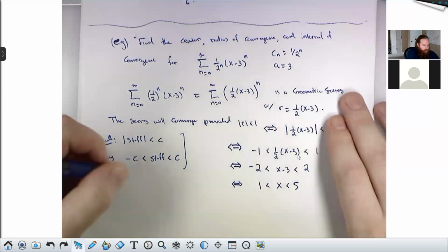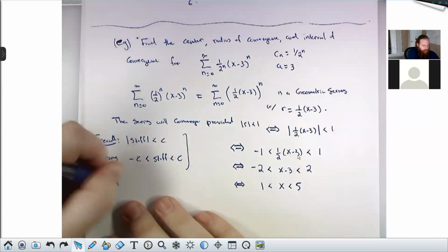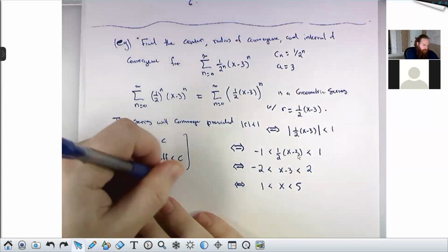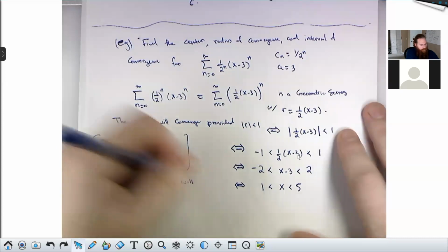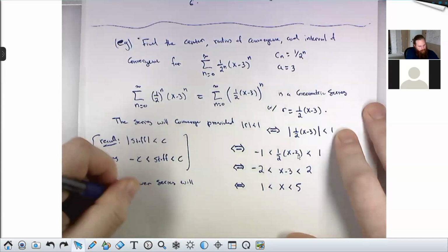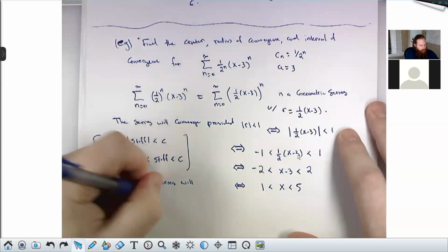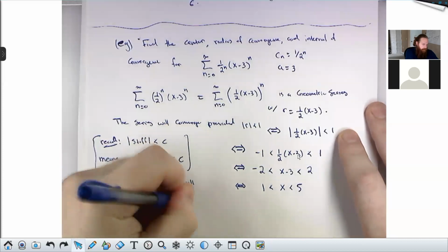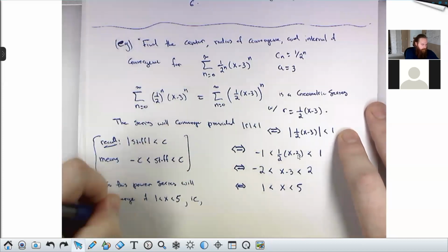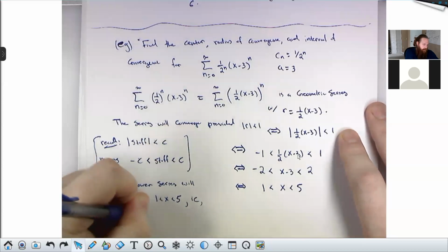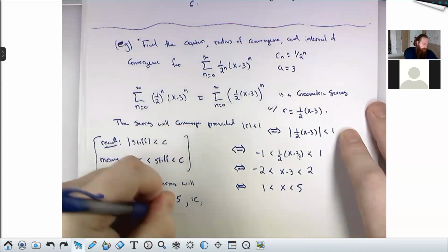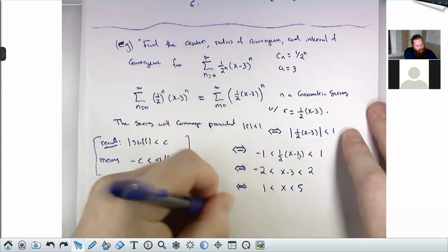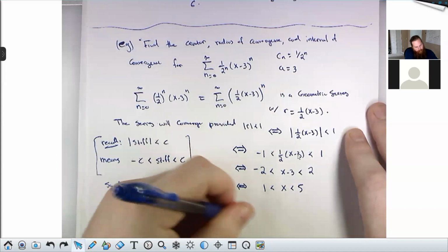So the series will converge. This power series will converge if 1 is less than x is less than 5, i.e., if x is from the interval 1 to 5.